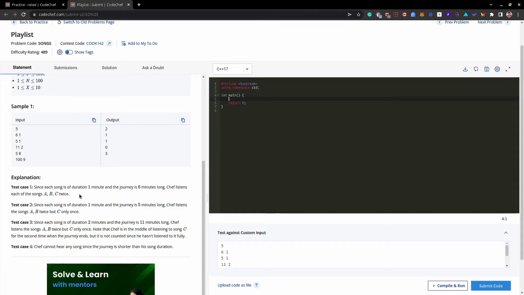So Chef listens to songs ABC once. Note that Chef is in the middle of listening to song C for the second time when the journey ends, but it is not counted since he has not listened to it fully. Means we have to just take the divided part.